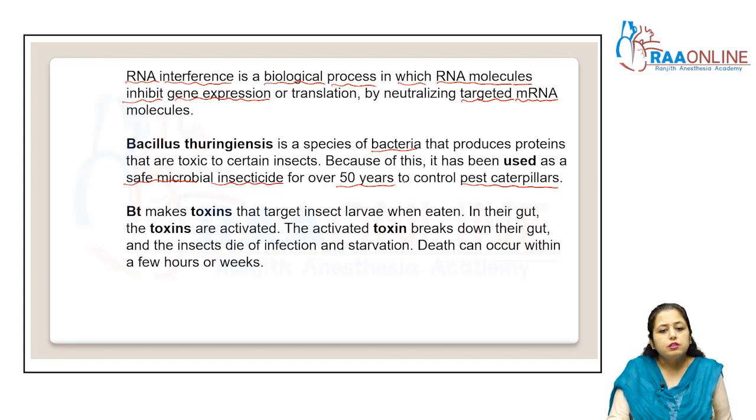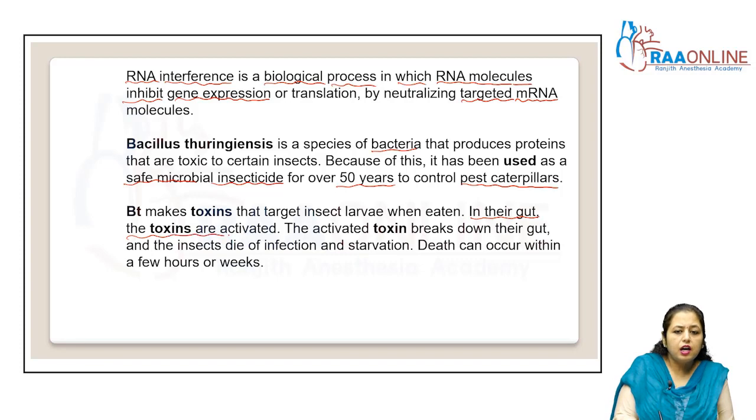Bt, that is Bacillus thuringiensis, makes a toxin which targets the insect larva when eaten. In their gut the toxin is activated, and the activated toxin breaks the gut wall, and the insects die of infection and starvation, right?